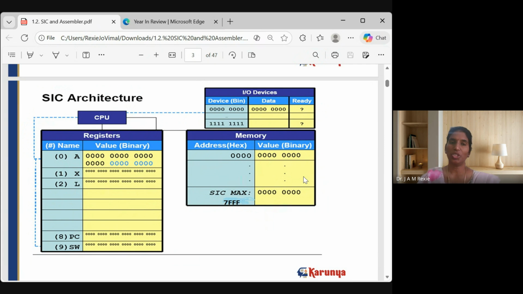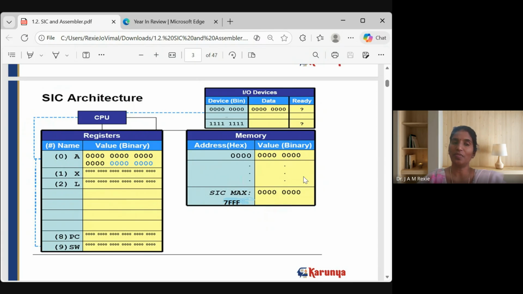So the architecture of the SIC hypothetical computer is very similar to the real one. We have the memory, I/O devices, and CPU. And the CPU is connected with the registers, the fastest memory. For registers, it considers five registers, and the rest are left over for future additions.